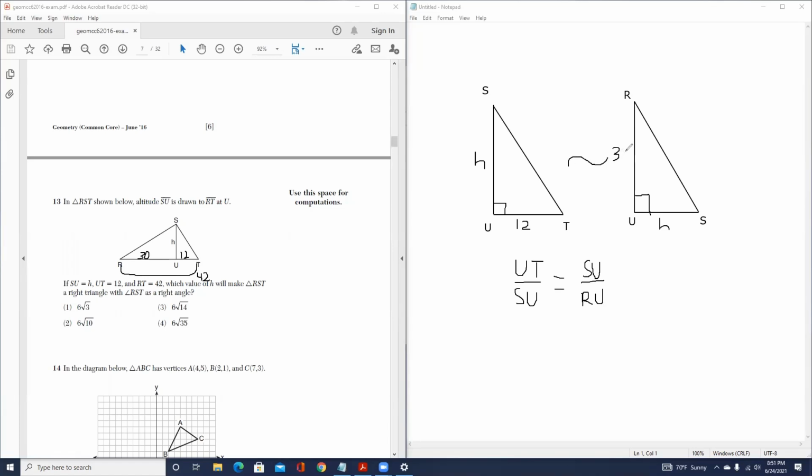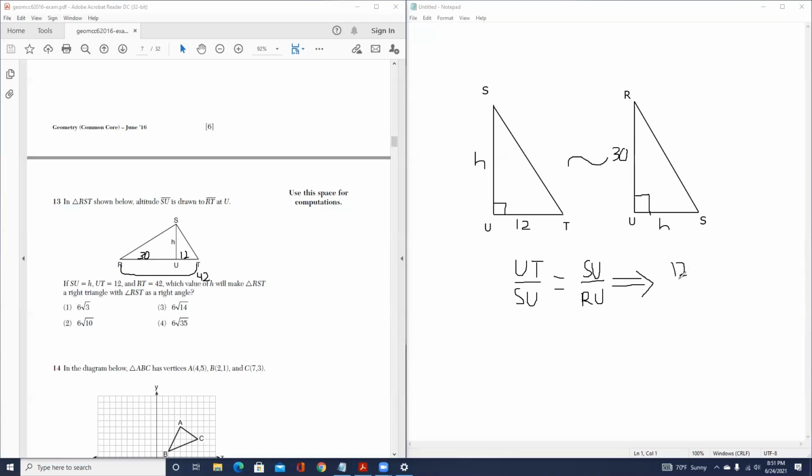Let's draw this in here. We're also going to represent this, now that we have our full system of numbers in.